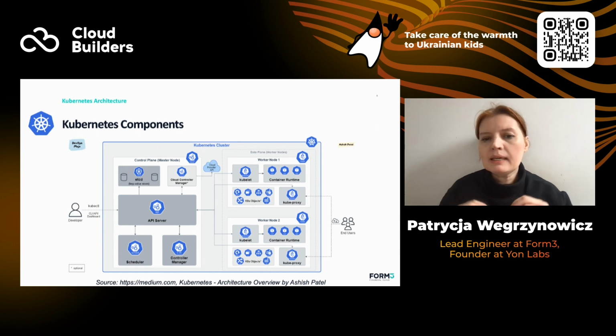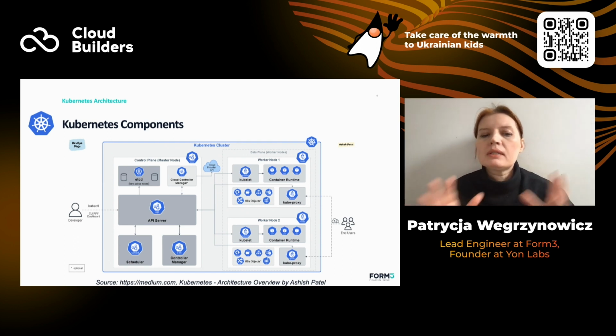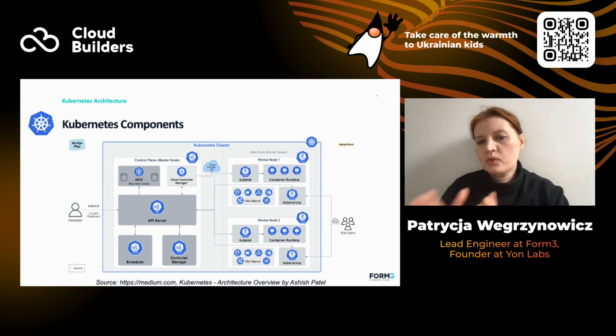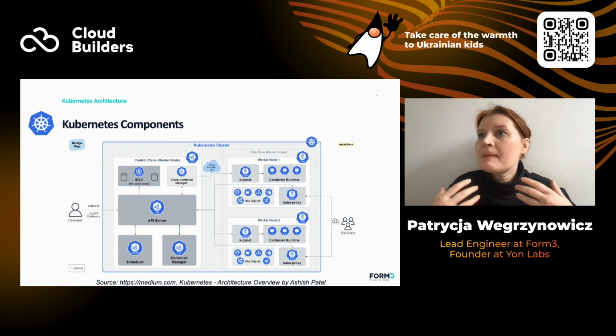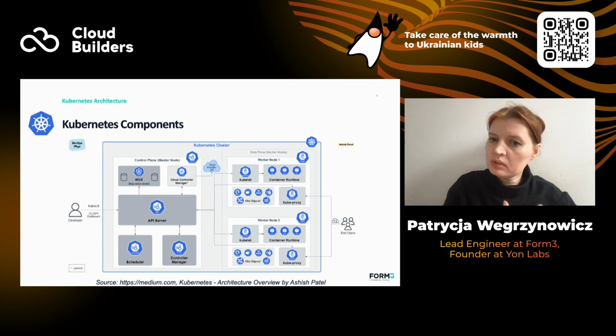Kubelet basically is sort of a proxy between API server and worker nodes. It translates API server requests to what should happen on a given node. So basically, the main responsibility of a kubelet is to create and execute new pods.